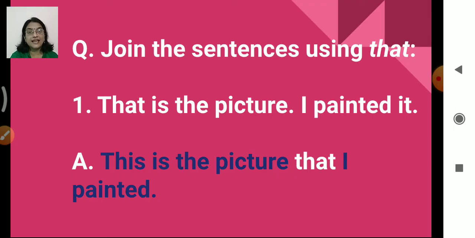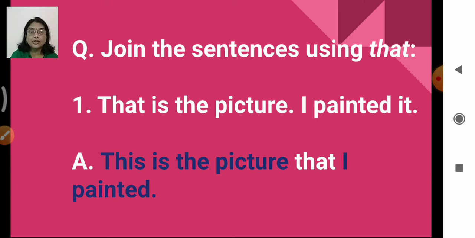Now the next exercise. Join the sentences using that. Okay, again we are going to use the pronoun that here to join the two sentences. Now let's see how. That is the picture. I painted it. Now children, in the answer you can see it is, this is the picture.